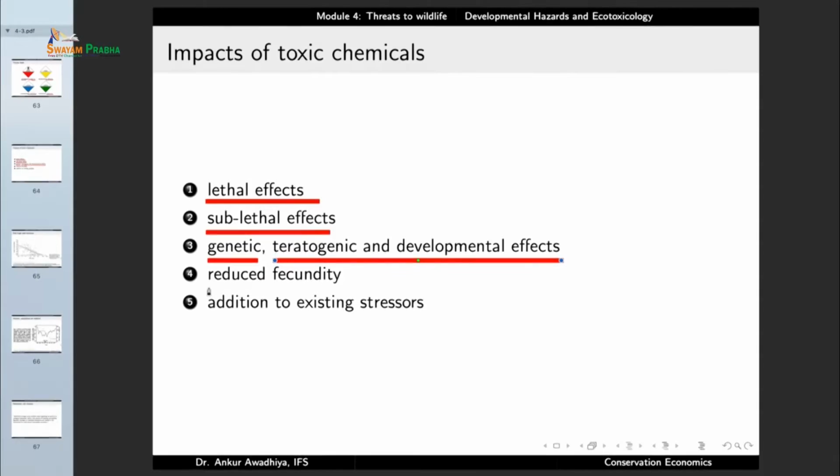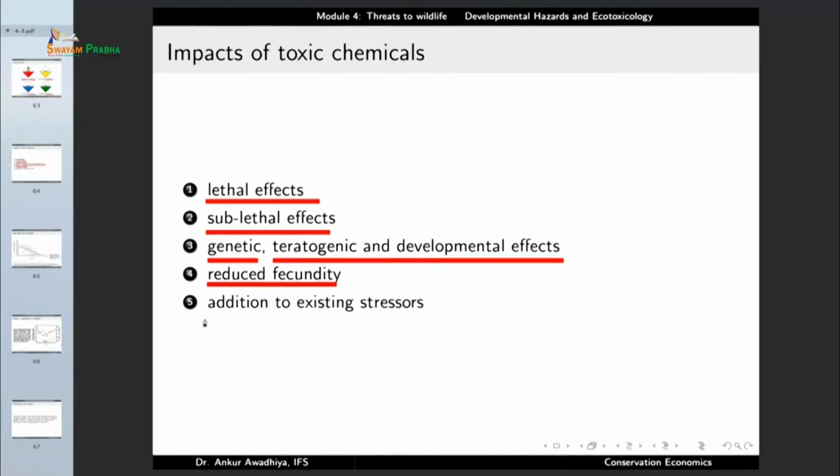Now, these kinds of organisms can be produced because of teratogenic chemicals or developmental inhibitors. In certain other cases, we observe a reduced fecundity, which means that the organisms will be having less number of children or less number of offspring. So this is a reduced fecundity that we observe in the case of a number of toxic chemicals and especially the chronic toxins.